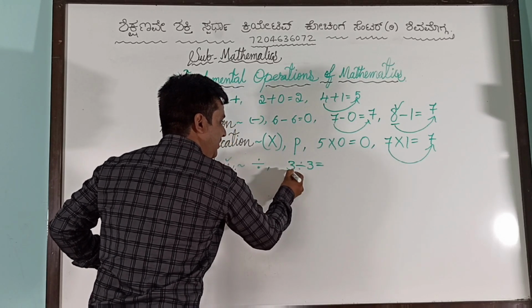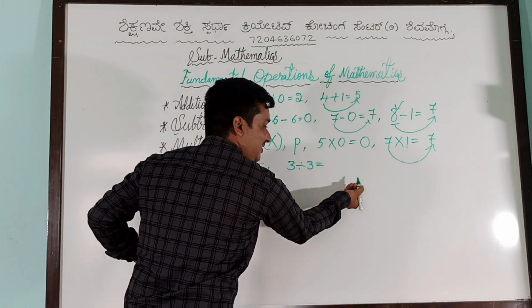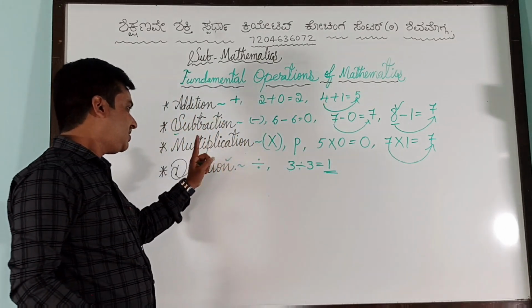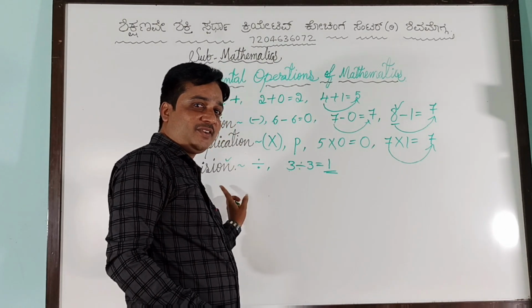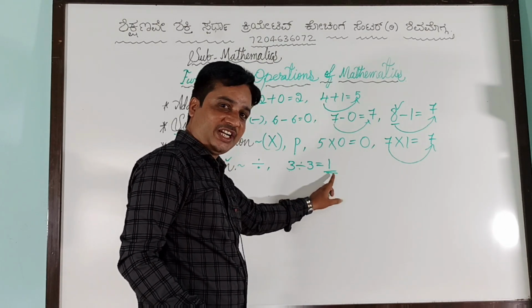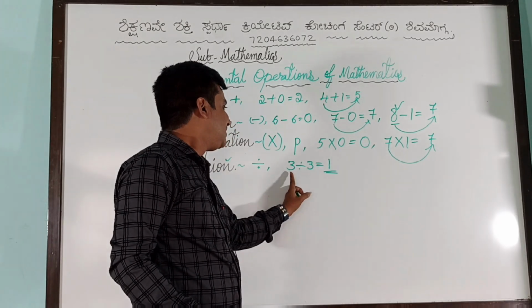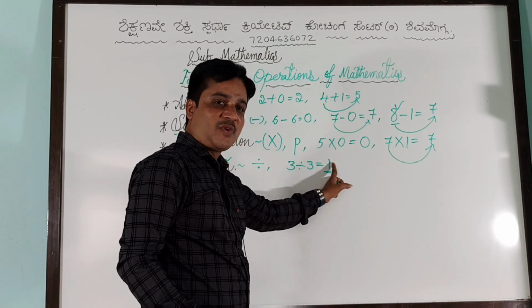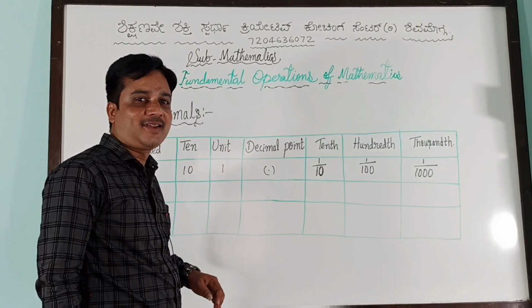Any number divided by the same number, the quotient will be 1. Here see, the answer in division is called what? Quotient. See here 3 divided by 3. That means any number divided by the same number, the quotient will be 1. This is the first property.